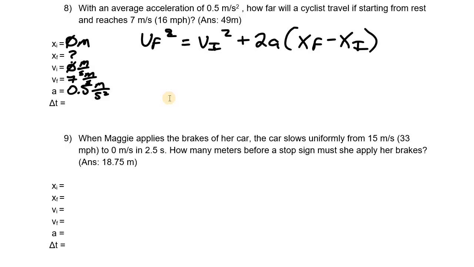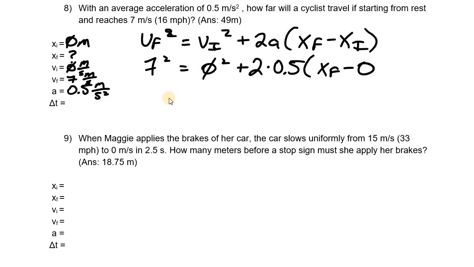Okay, so let's just do our substitutions, and we'll go from there. 0 squared, 0 times 0 is equal to 0, so we don't care about that. A subtraction of 0 is not going to provide any value whatsoever.